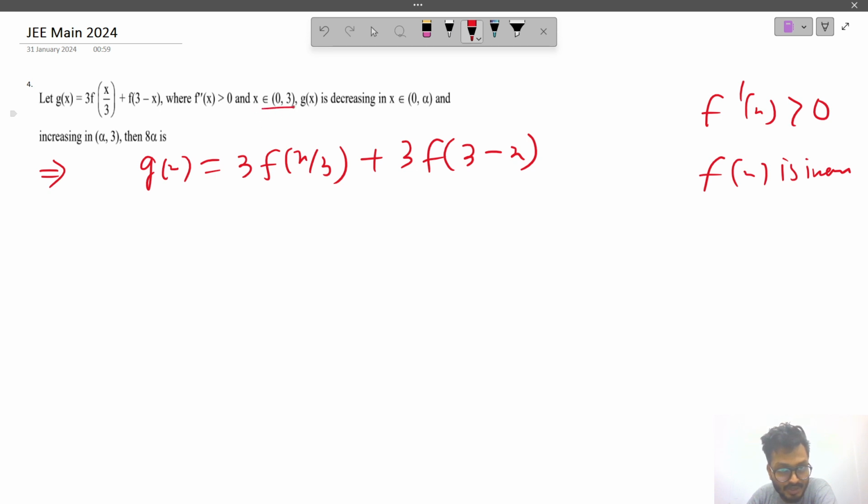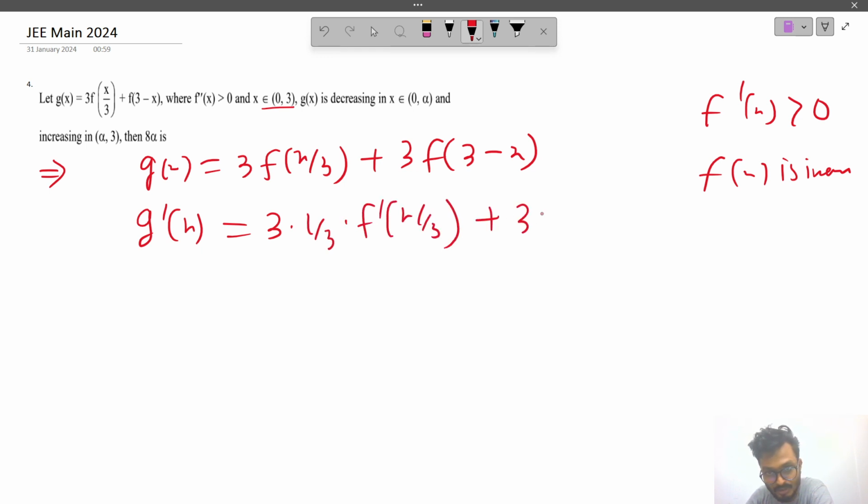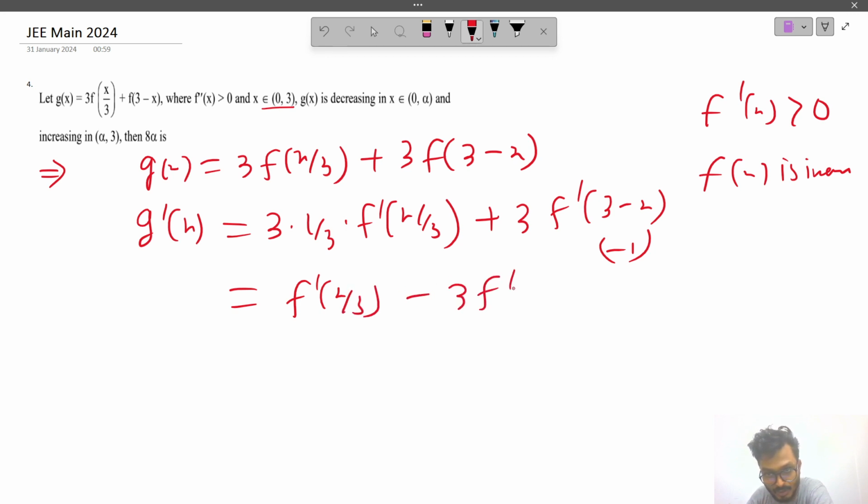And in that interval this is decreasing, and this is increasing. So we have to find 8α. Now take the derivative. What we get? g'(x) = 3 into 1/3 into f'(x/3) + 3 into f'(3 - x) into -1. So what we get? f'(x/3) - 3f'(3 - x), right? These things we get.